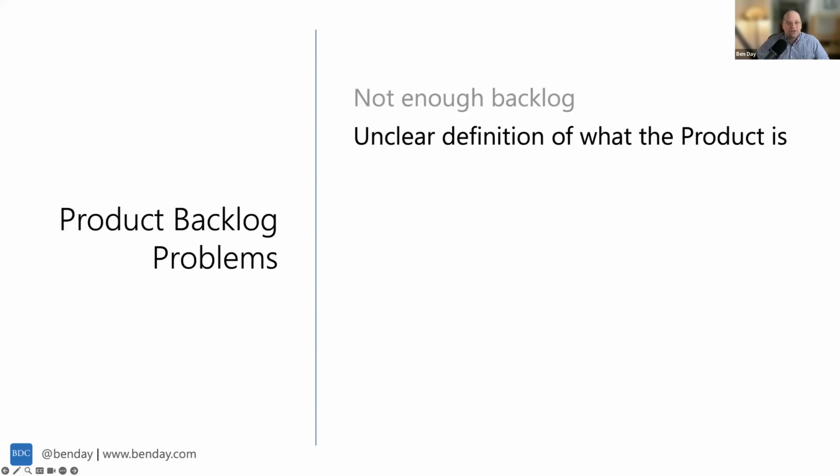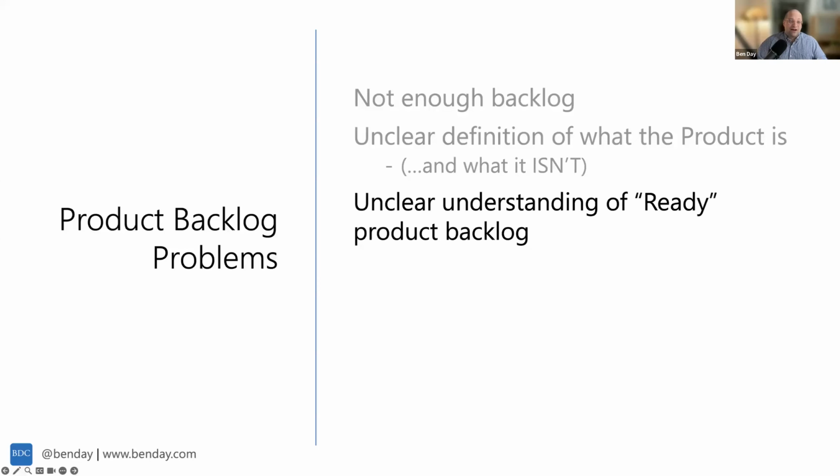So it's unclear what the definition of the product is and what the product isn't. And it's not really clear when a requirement is actually ready to start being executed on. So they don't have enough of the product backlog for anyone to make any kind of meaningful forecasts about when something's going to show up, or what the priorities are.